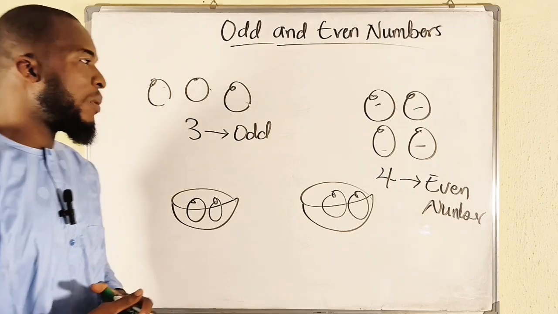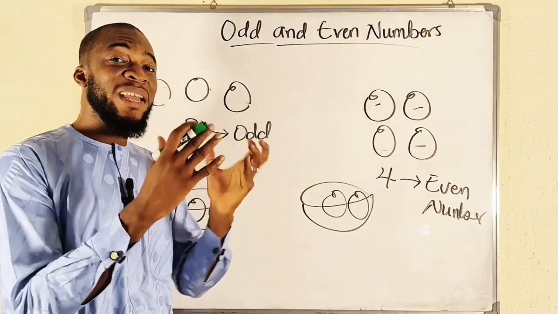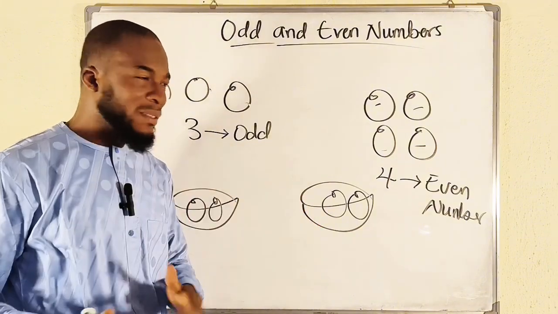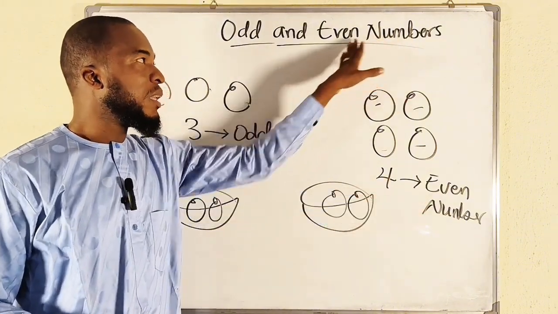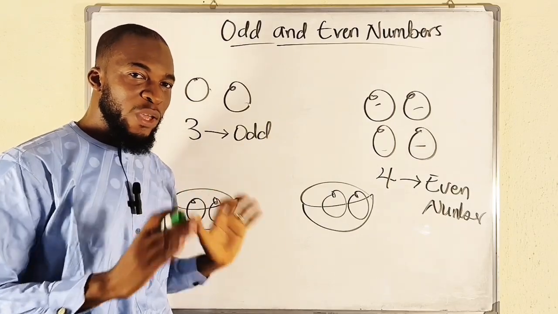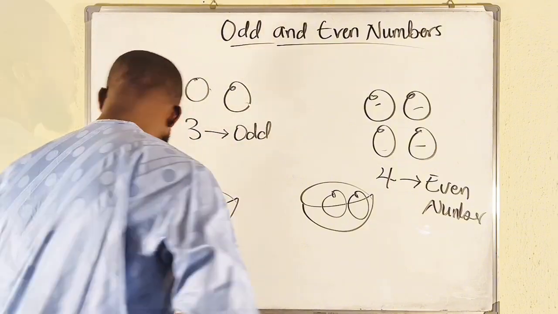So you get the point? All those numbers that can be divided into 2 equal parts, you share equally into 2 parts, they are regarded as what? Even numbers. But once that number cannot be divided equally into 2, we consider it as odd numbers.